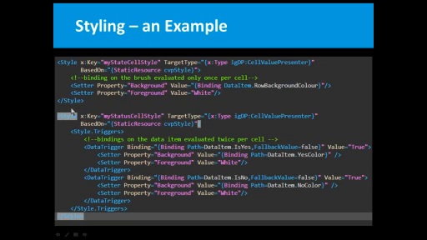The next style is the less efficient one. We have 2 triggers here. They're both looking at different properties of this object here, and they're setting certain colors. So here we have 2 bindings, and we could have simplified that.